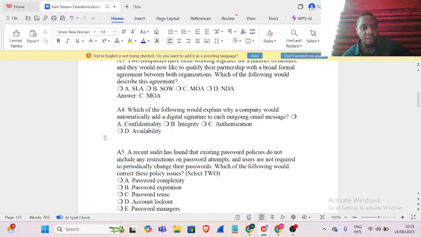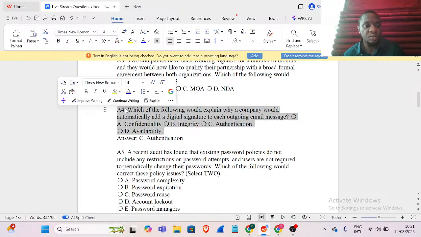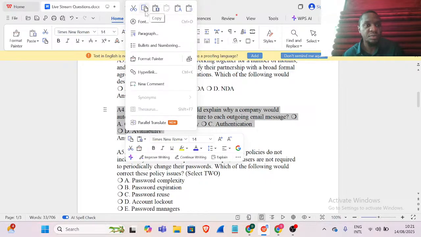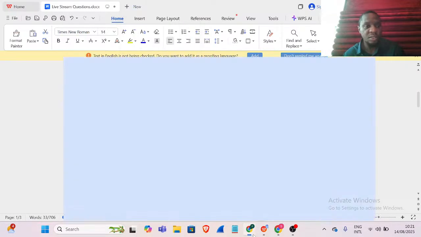So it's authentication, because you're authenticating that this information is coming from you. Confirming that it's from you, the sender is signing, so it's from you. Let's check it.